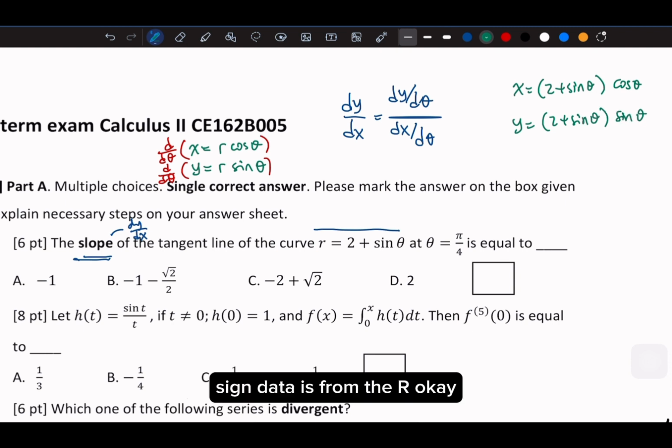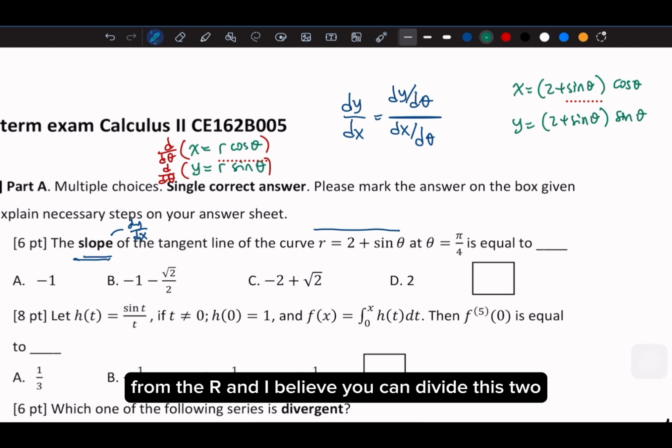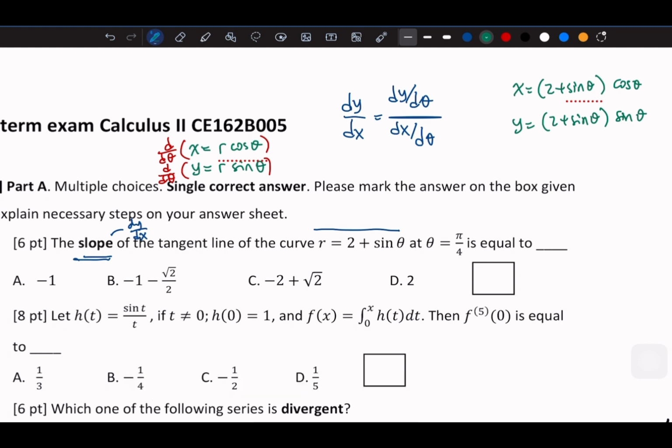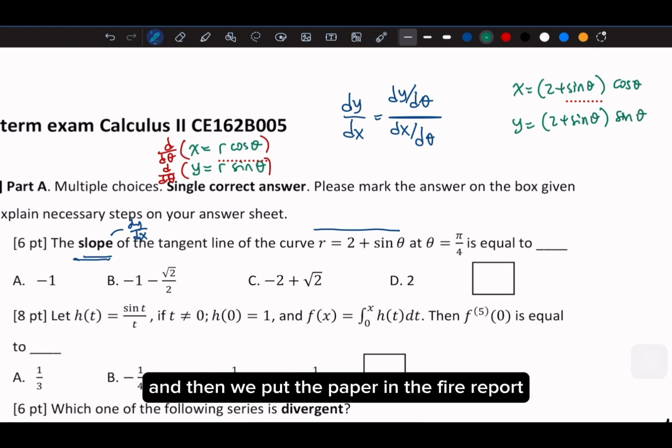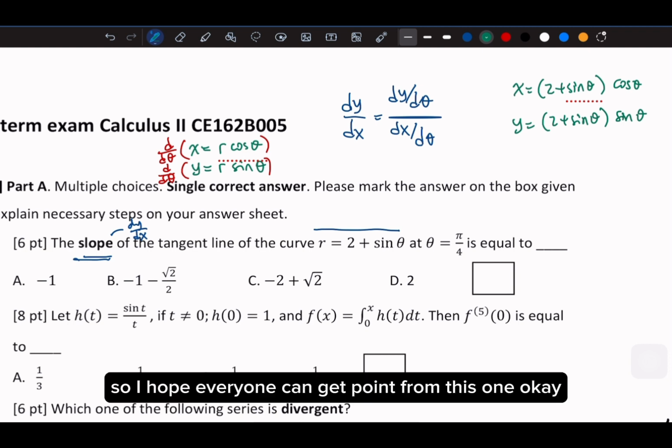This is from the r. I believe you can derive this too, and then put it into this equation, and then we put theta equal pi over 4. Simple, right? So I hope everyone can get a point from this one.